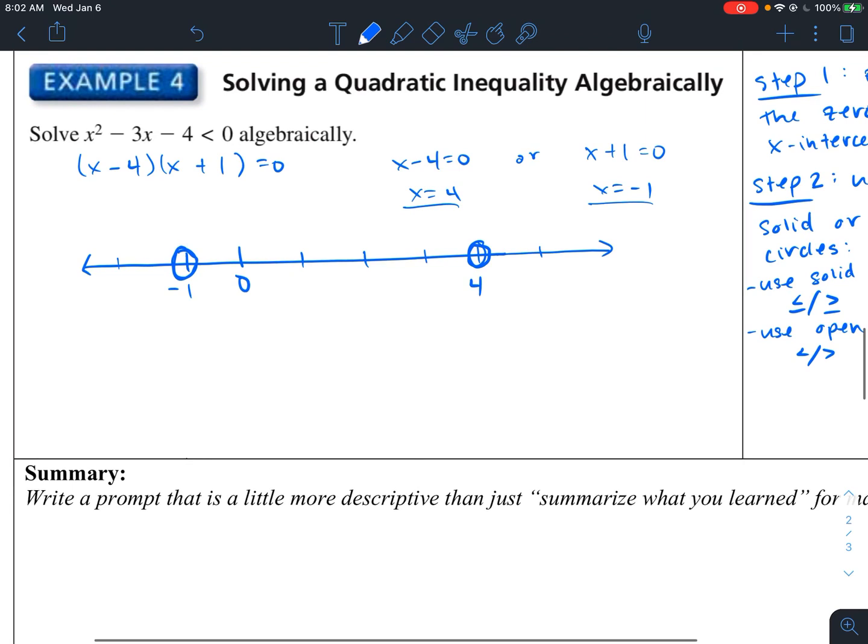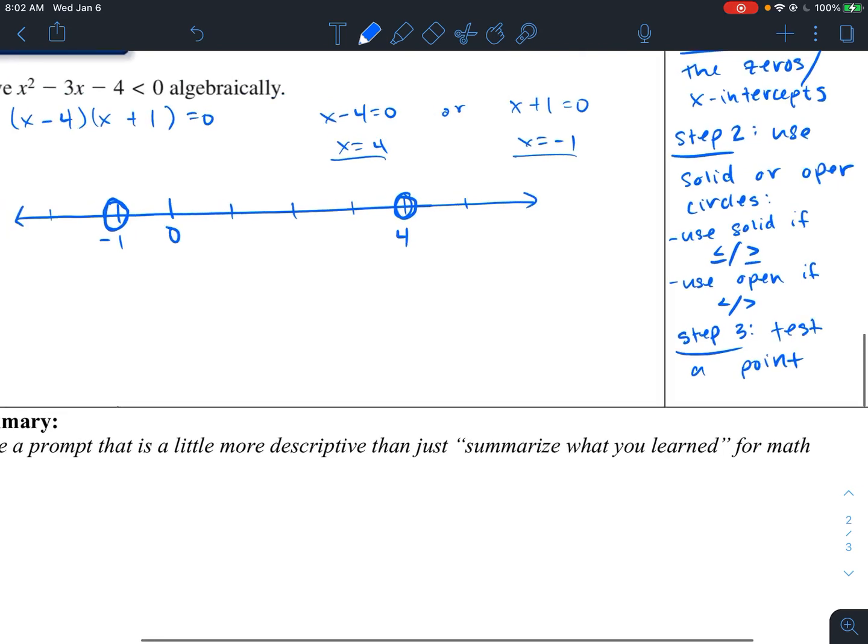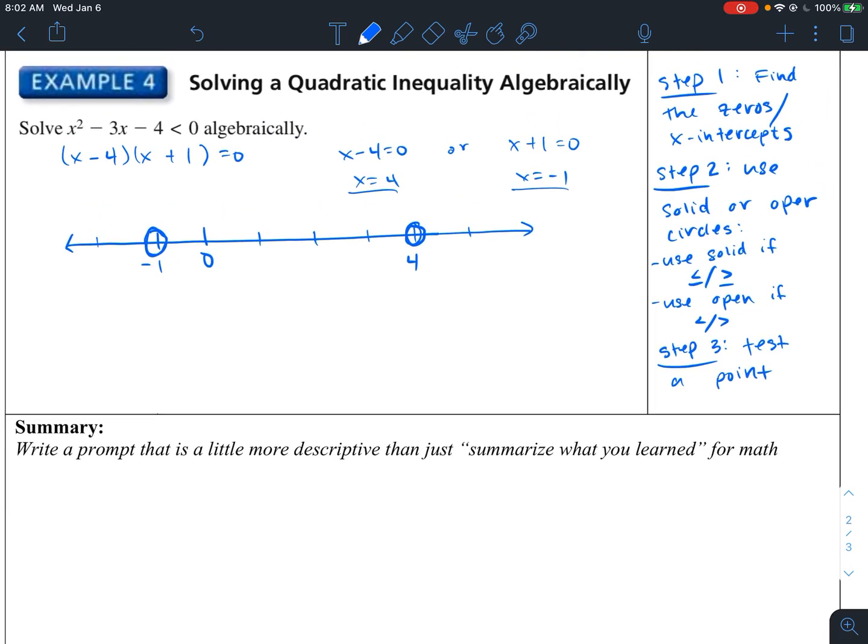Now, on this number line, we need to determine whether this is shaded, or this is shaded. So we can use the same idea and test the point. Always the easiest point to test is this one right here, 0.